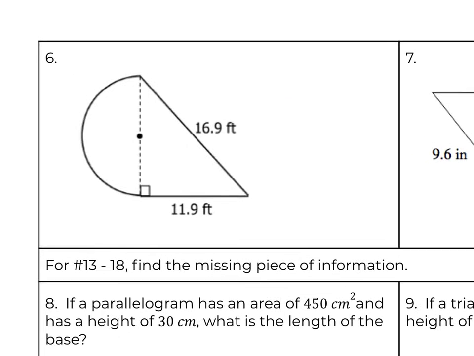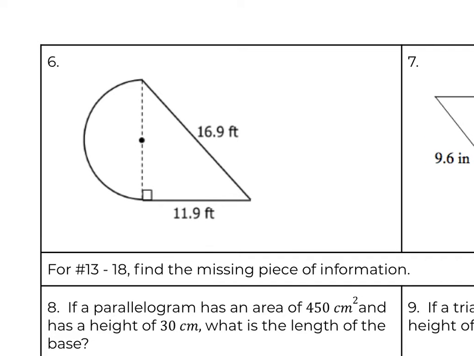Okay, so 6 is one where you will have to use Pythagorean theorem because we are missing this side, which is the height of the triangle, but it's also the diameter for the semicircle. So Pythagorean theorem, I can make this A, B, and C. So I'm going to do A squared plus 11.9 squared equals 16.9 squared.